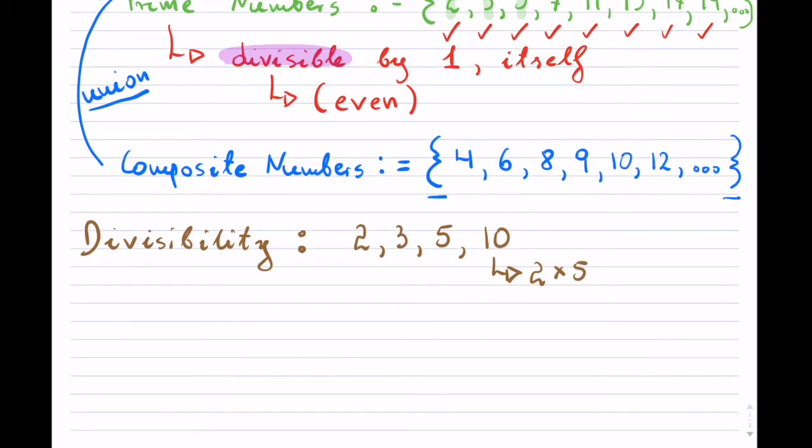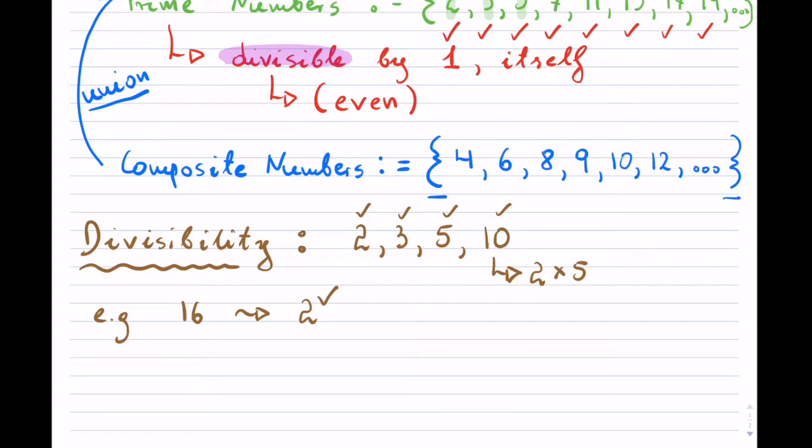So what I want to do now is, if someone gives me a number, any number at all, can I very quickly check if that natural number is divisible by any of these? For example, if I would give you the number 16, you could very quickly tell me, oh, I know that 16 is divisible by 2.